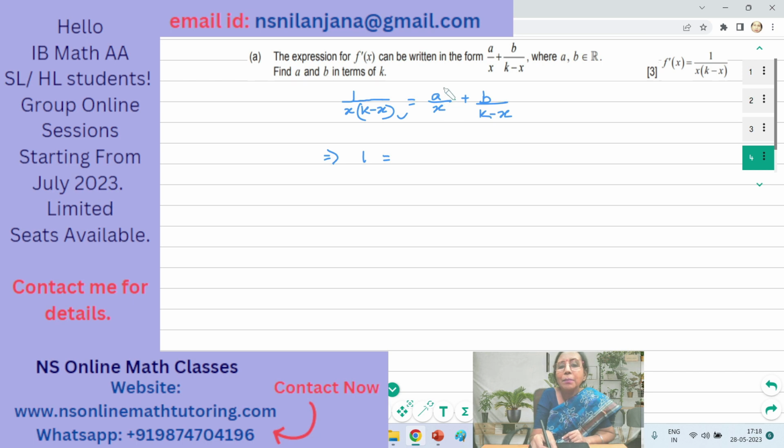And then we are multiplying this first term by x times k minus x. So this x and x of the multiplier will be getting cancelled. First let me write it, otherwise you may get confused.